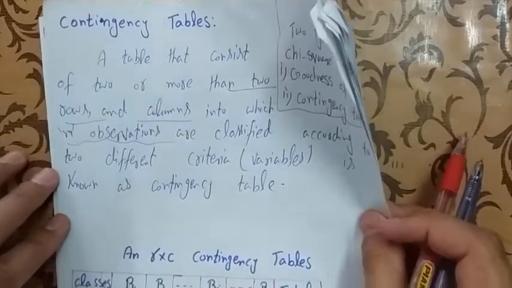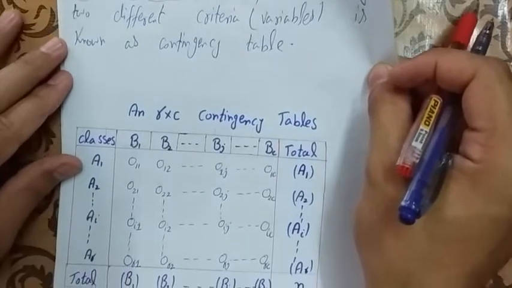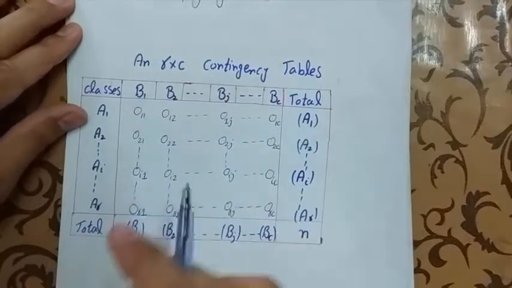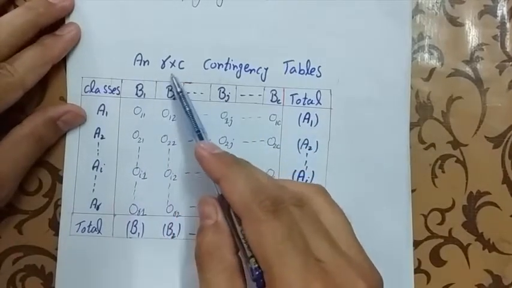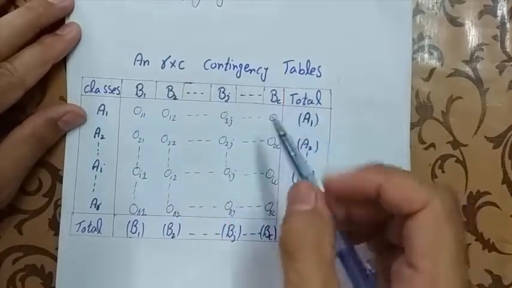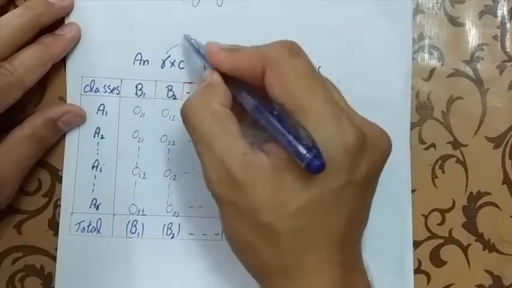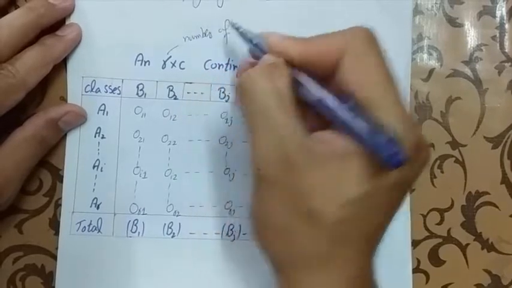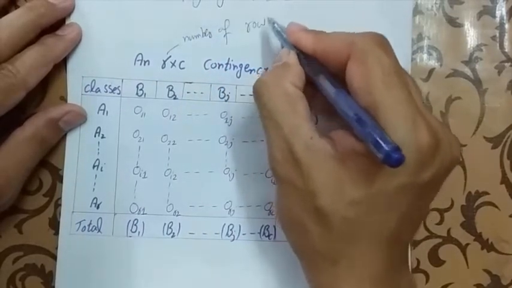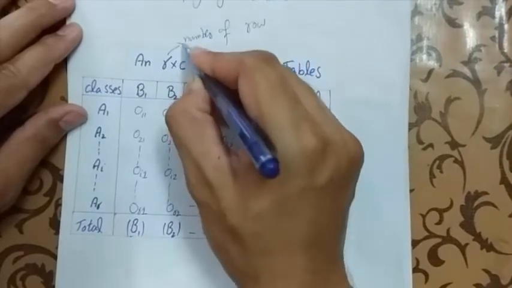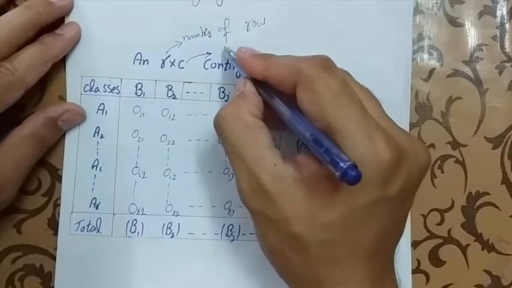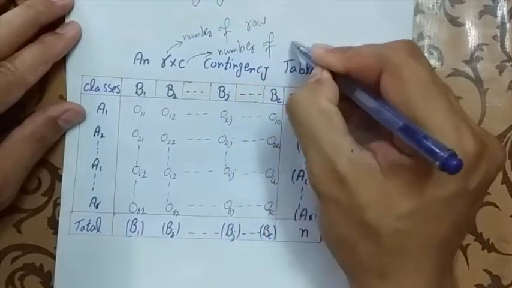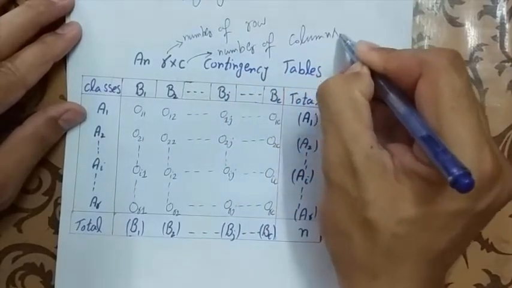Let's see the contingency table. Generalized form of the contingency table, an R cross C contingency table. Here R is the number of rows and C shows the number of columns.